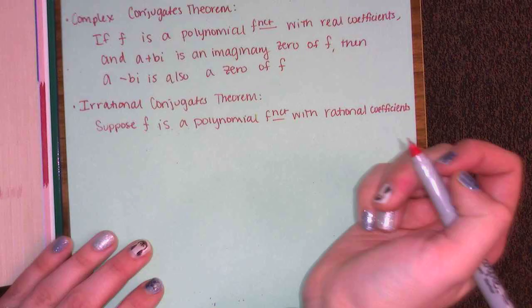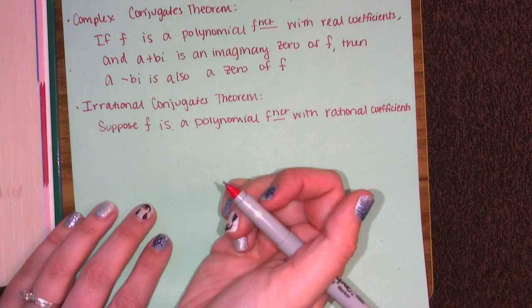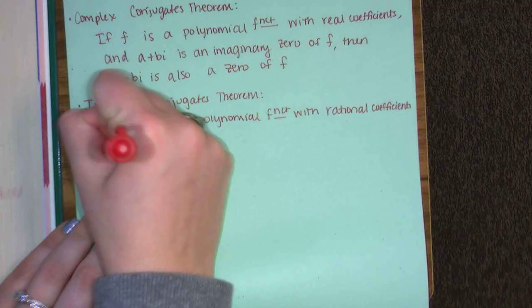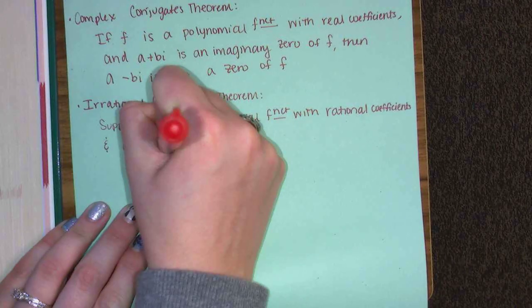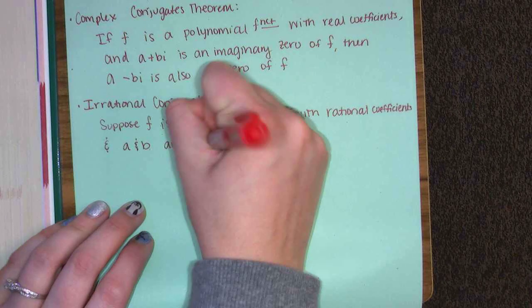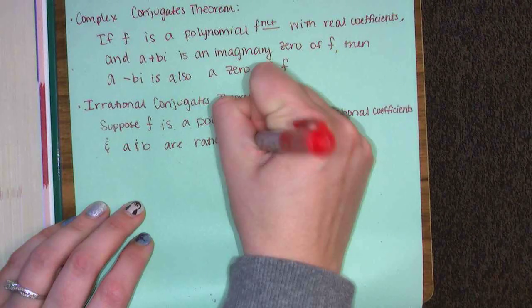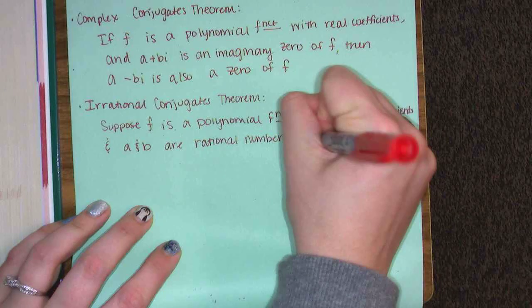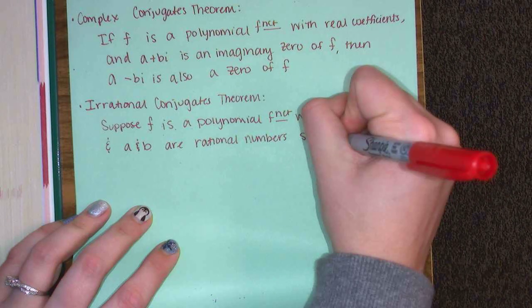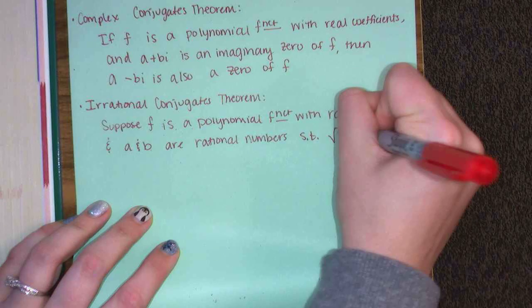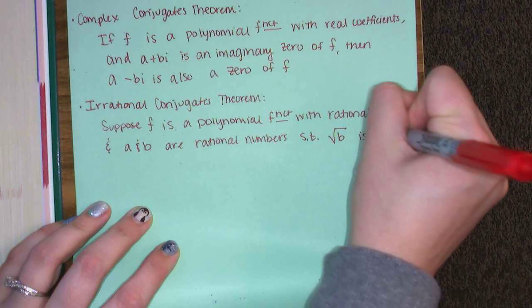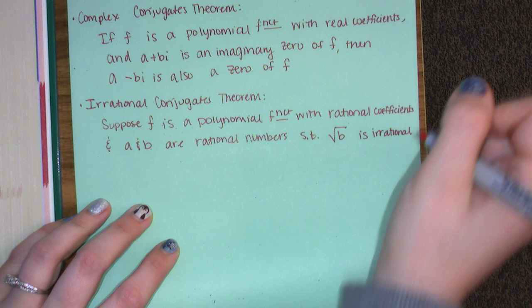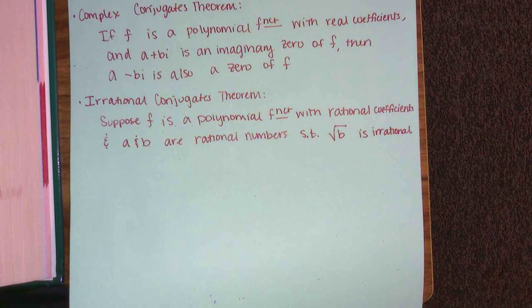Alright, so suppose f is a polynomial function with rational coefficients, and a and b are rational numbers, such that the square root of b is irrational.